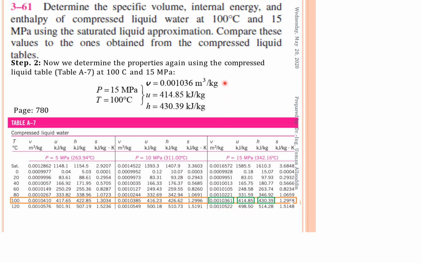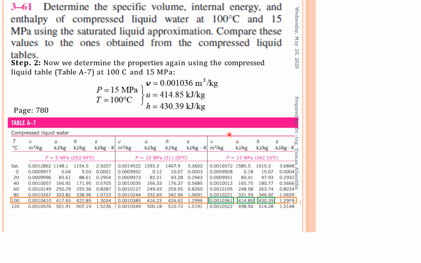So we wrote these values here, but I have a question for you: why does table A7 not contain the values of Vf, Uf, Hf, or Vg like in table A4, where we have both Vf and Vg, not single values? The answer is that table A4 is the saturated mixture table.